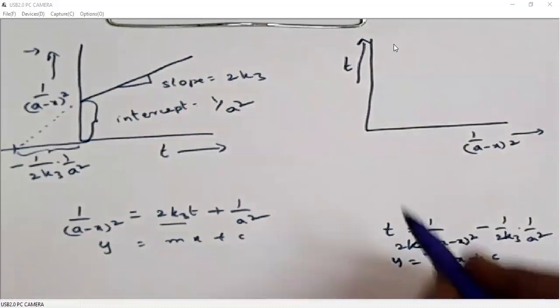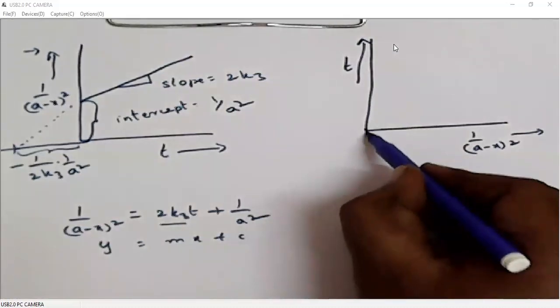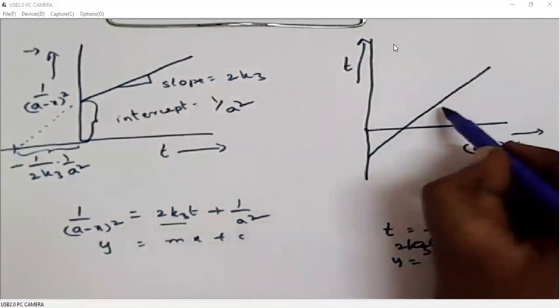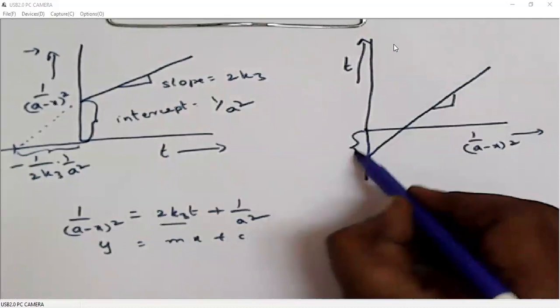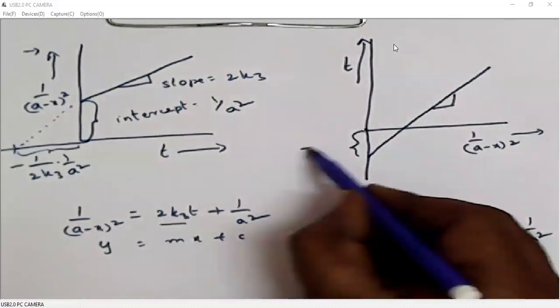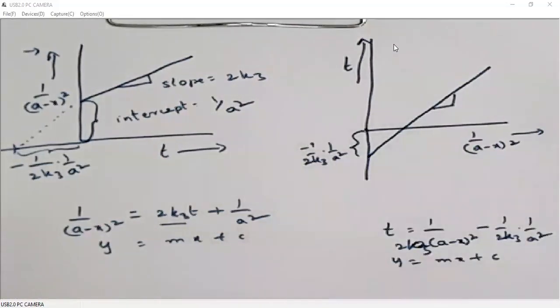So this is a straight line graph, but it is giving a negative intercept. So that means we need to extrapolate this and the graph will be like this. So this is the intercept because it is negative. So minus 1 by 2k3 into 1 by a square is the intercept.